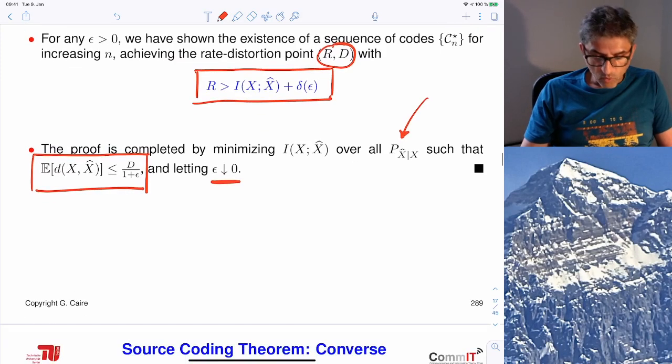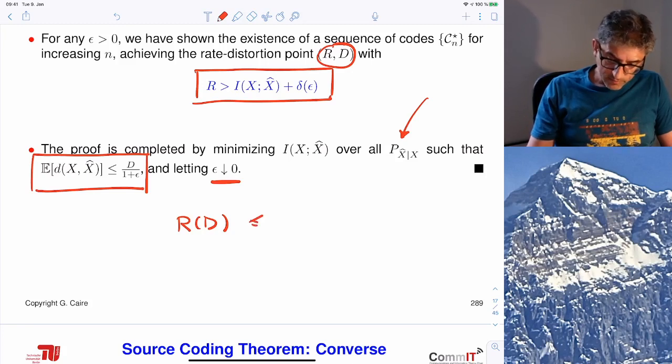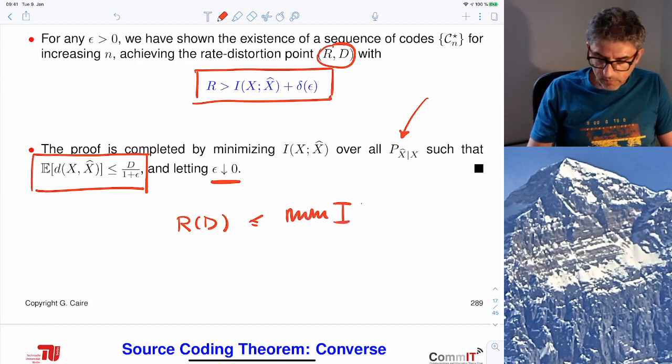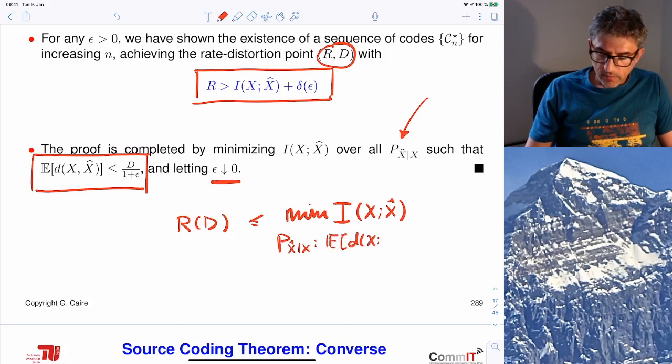So we have proved that R of D, which is the best possible rate for a given distortion D, is less or equal than the minimum of the mutual information over all possible p(x hat | x) such that the distortion is less or equal than d.